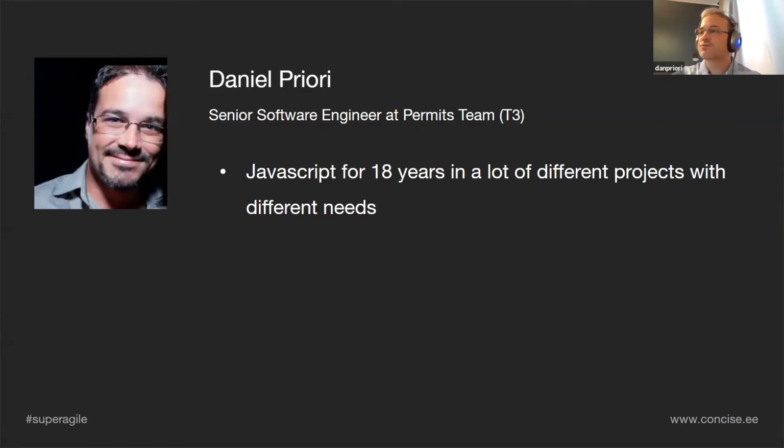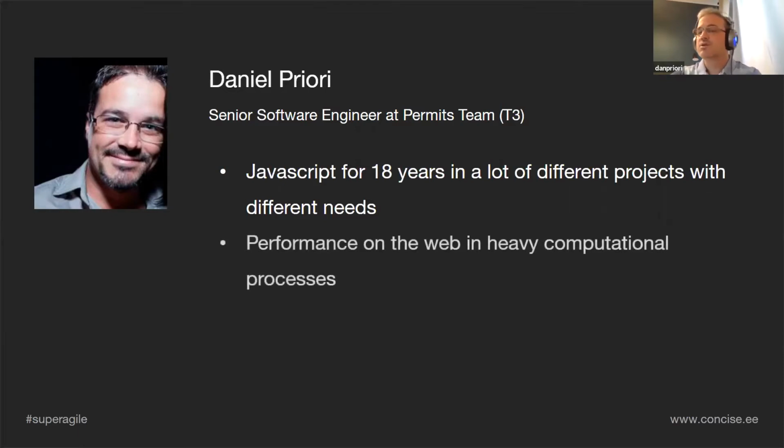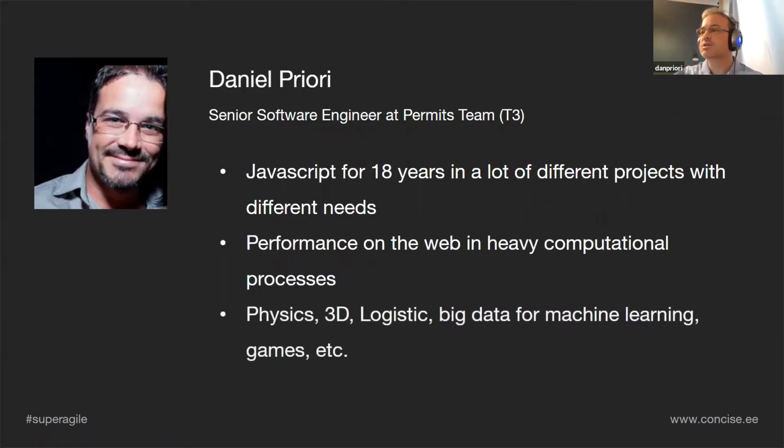In most of those projects, the main concern was performance on the web in heavy computational processes, such as physics, 3D, logistics, big data with machine learning, web games, etc.